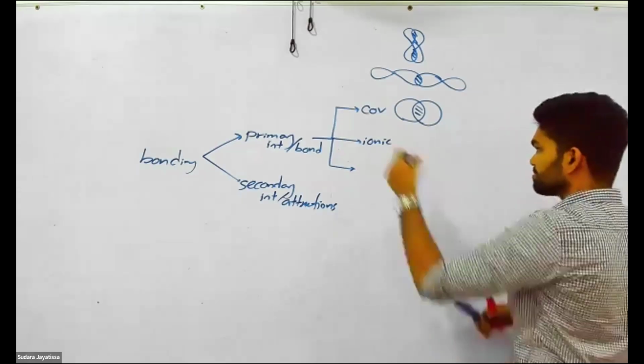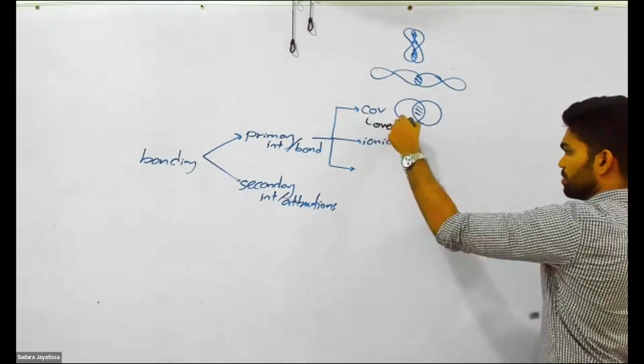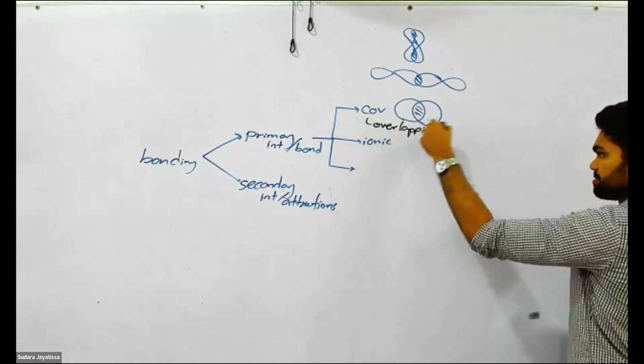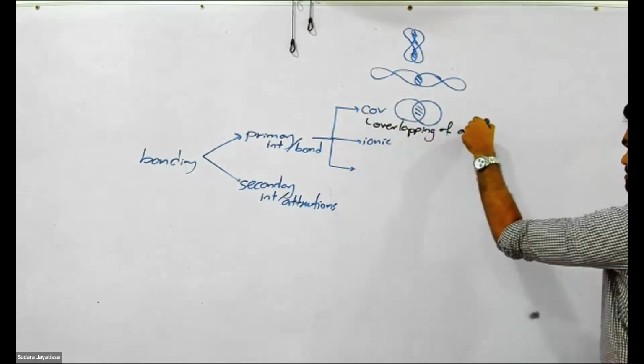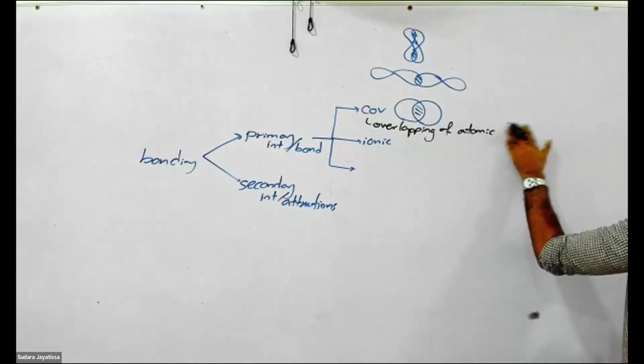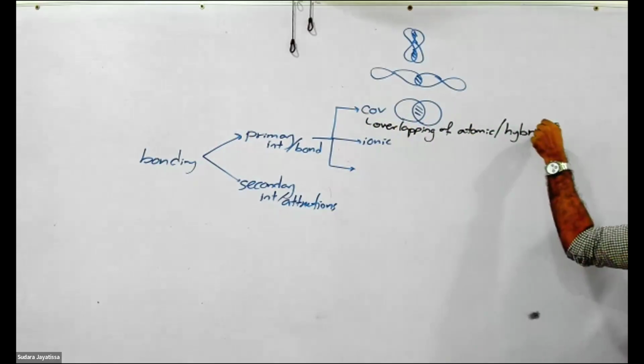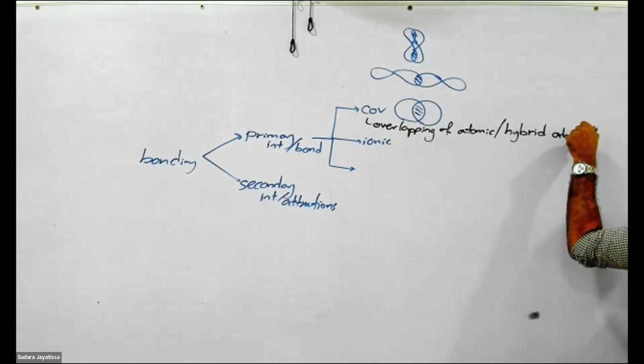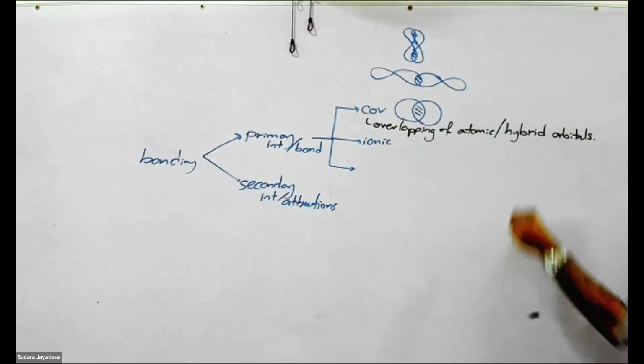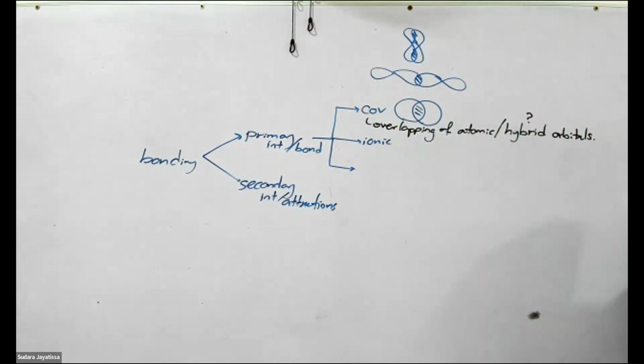Overlapping of atomic, or in the proper definition, atomic or hybrid orbitals. Now you learn about atomic orbitals only. Later you will learn what these hybrid orbitals are. I'm going to discuss that too.